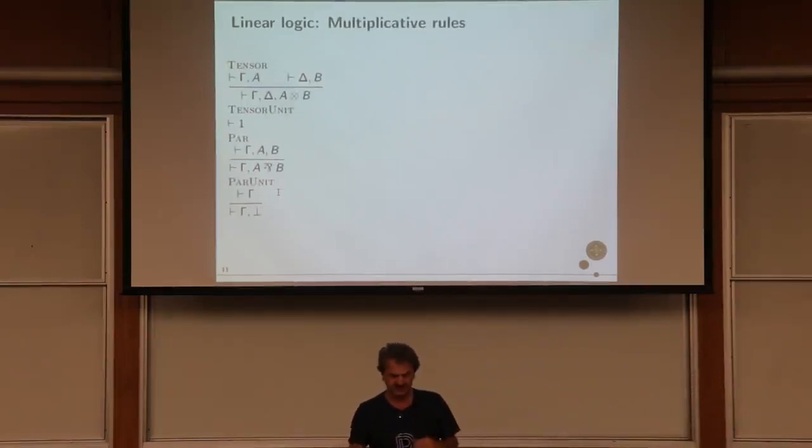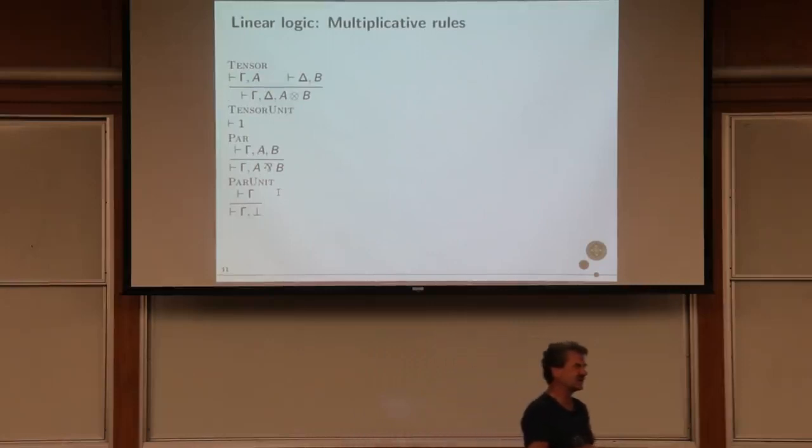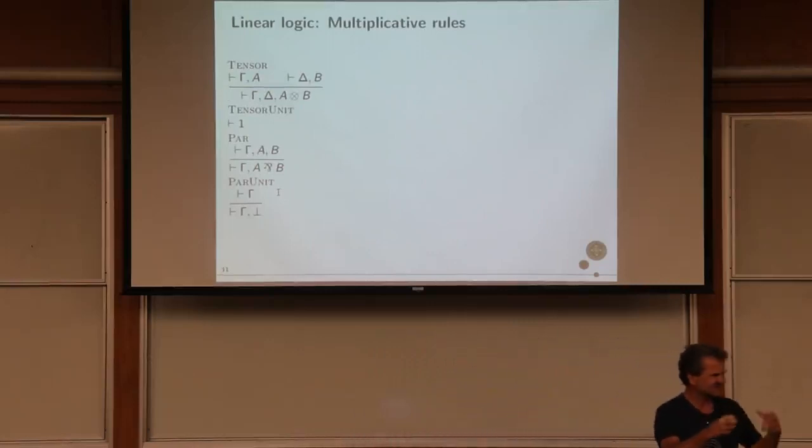Now the multiplicative rules, they're the resource ones, which say that whatever you've produced, you really actually have, and you can use every component of it.